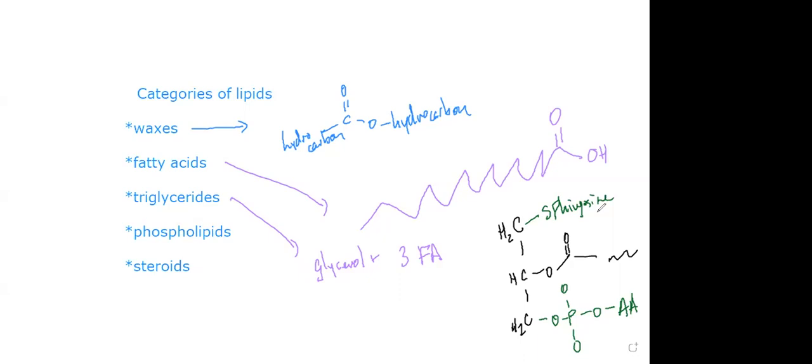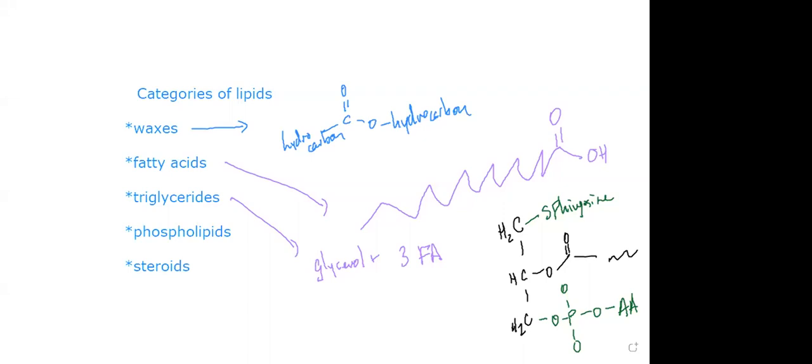So what does this sphingosine look like again? One of the differences is it has a nitrogen in it. So your sphingosine here, you're going to get an amide linkage.